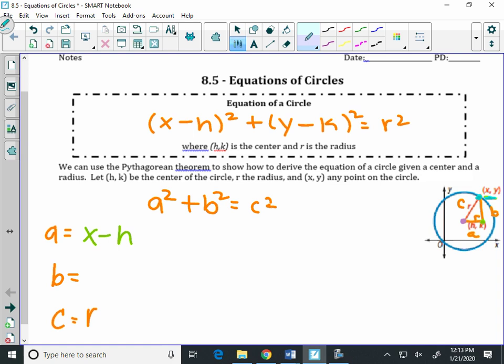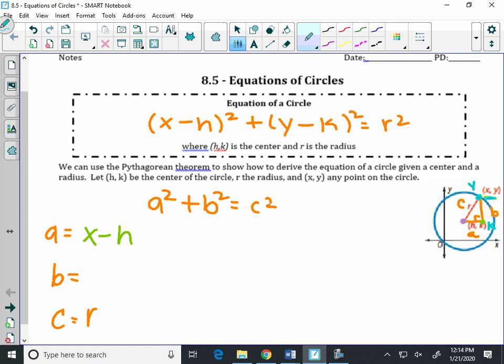So if we look at that top blue point, which variable is representing the y value? y, right? If we go to the bottom green point, it's in line with the purple point. What variable is representing the y value of the purple point? k, right? So the y value of the green point is also going to be k because they're in line with each other.